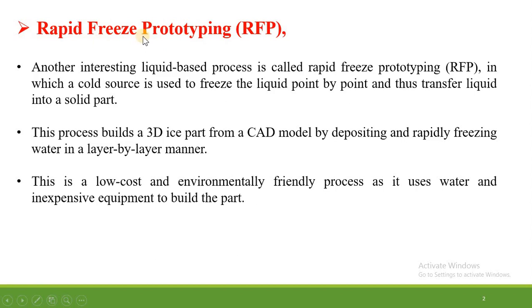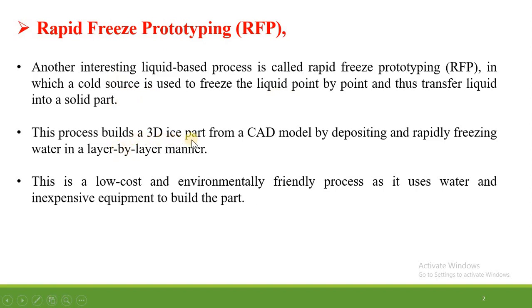In rapid freeze prototyping, the liquid is frozen into solid by using a cold source, which means the heat from the liquid is removed and the liquid gets converted into a solid part.